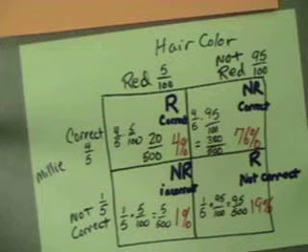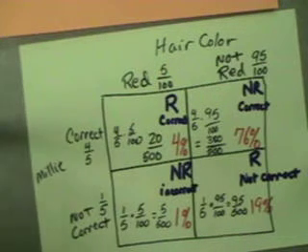Here are some questions they'd like us to think about. It says, suppose that to help make Don's case, you perform the following experiment repeatedly. You pick a student at random, show the student to Millie late at night, and see what Millie says about the student's hair color. If you perform this experiment with 100 students, how many times would you expect Millie to say that the students had red hair?